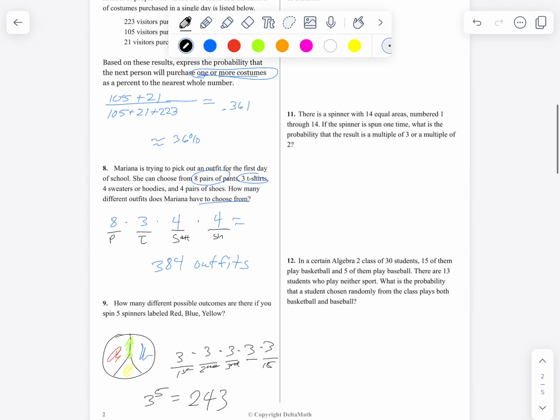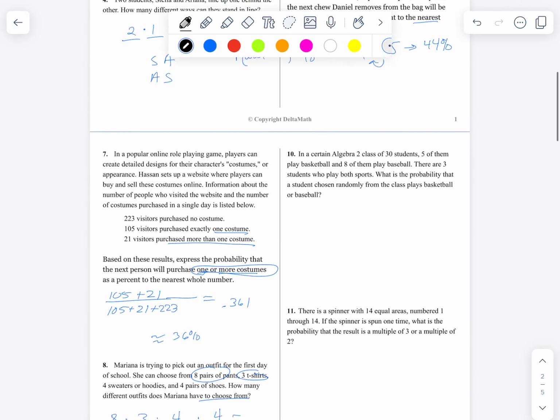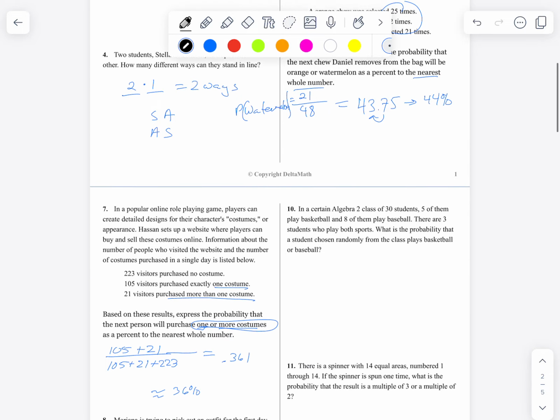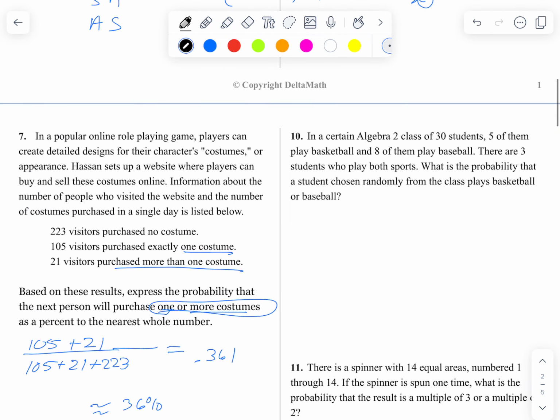And then we'll look here at number 10. In a certain Algebra 2 class of 30 students, 5 of them play basketball and 8 of them play baseball. There are 3 students who play both. What's the probability that a student chosen randomly from the class plays basketball or baseball?